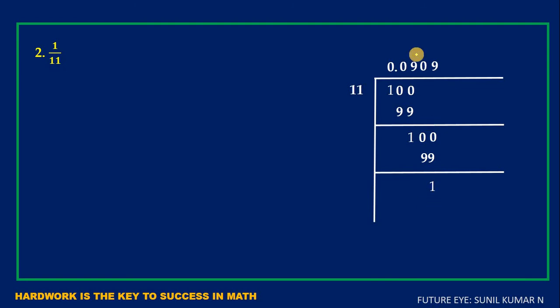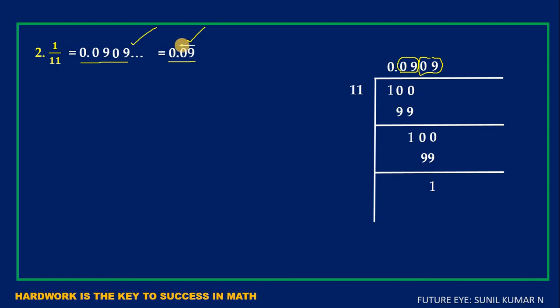It means in the quotient the same numbers will repeat. 0, 9 will repeat for an infinite number of times, and there is no end for this decimal. It means the decimal form of 1 by 11 is 0.0909, and 09 goes on for an infinite number of times. Hence we can write this as 0.09 bar.